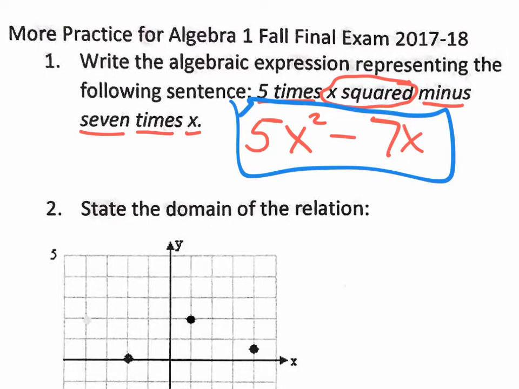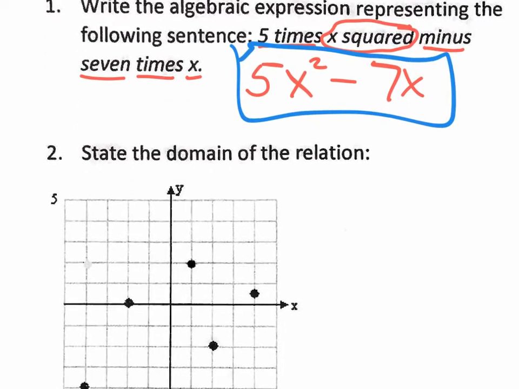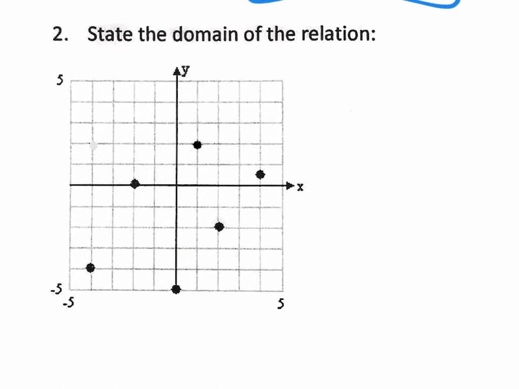All easy. Number 2, it says state the domain of the relation. So we have a bunch of coordinates here. If I actually write these coordinates, this coordinate right here is -4, -4. This coordinate right here is -2, 0.